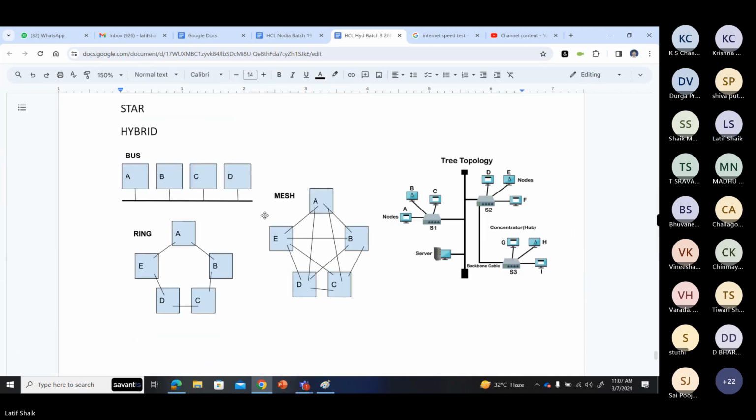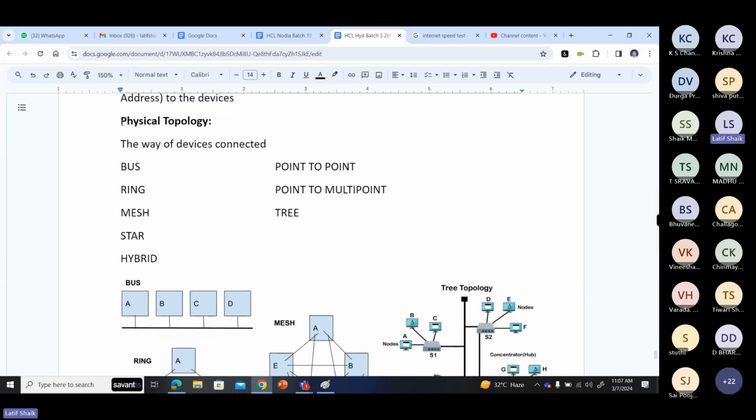So here, different physical topologies are there, guys. What is a physical topology? The way you connect devices is called a physical topology. The basic standard ones are four topologies: bus, ring, mesh, and star.